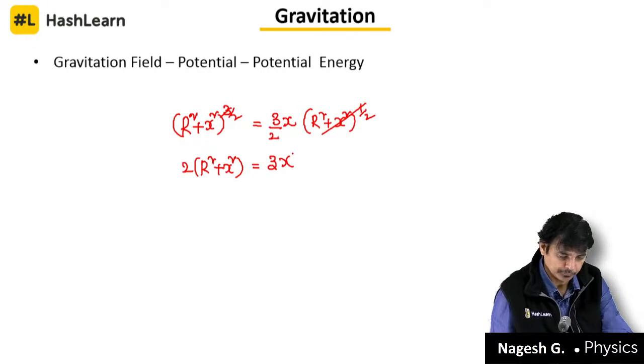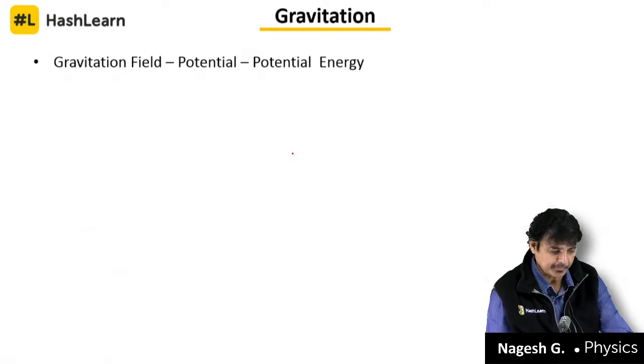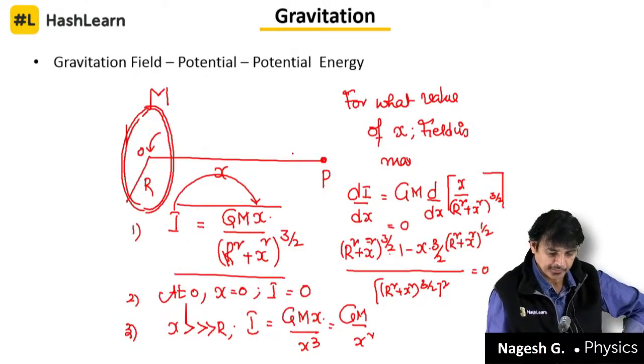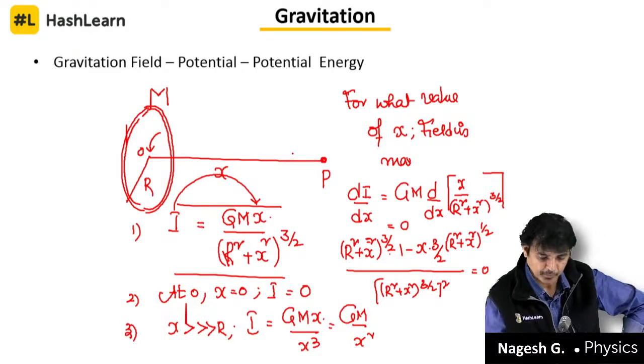Are you able to follow? So when you get back once again, see, for the function to have a maximum value, its first derivative must be equal to 0. So GM into d by dx of x divided by (r square plus x square) whole to the power of 3 by 2. It is in the form u by v, v into derivative of u minus u into derivative of v.